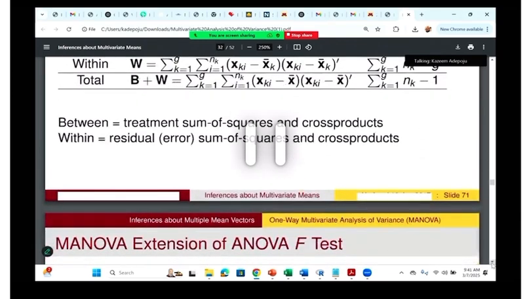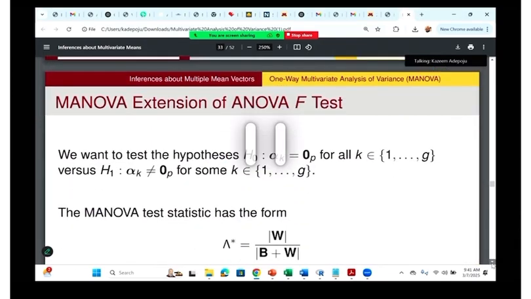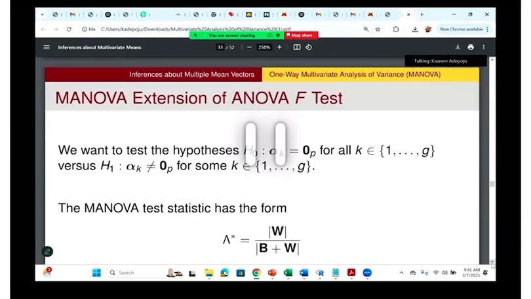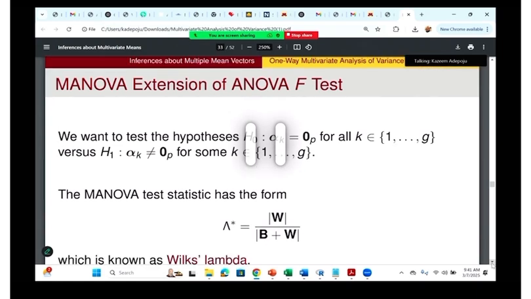Okay, now I want to set up Wilks' lambda. I told you the other time, we have 4 different ways to look at this. We can use Wilks' lambda. We can use Pillai's trace. We can use Lawley's trace. We can also use Roy's largest root. But what I prepare now is Wilks' lambda. The Wilks' lambda test statistic is actually this. Do you see that?